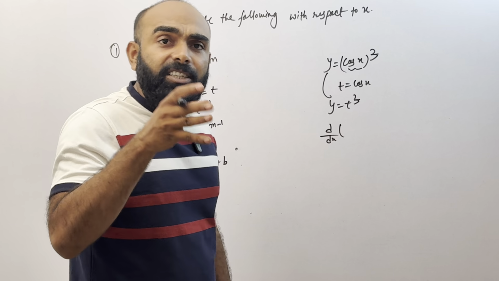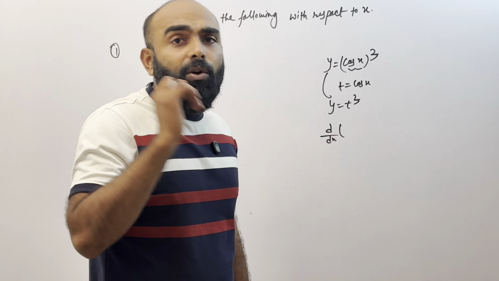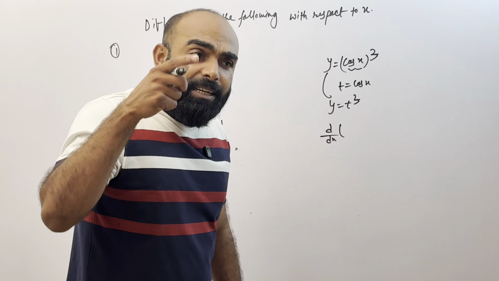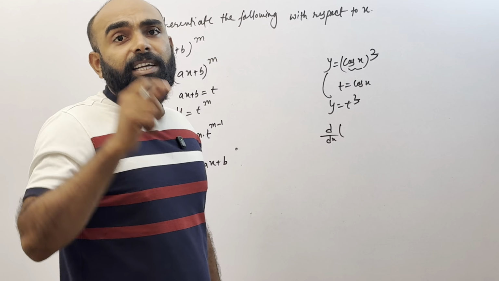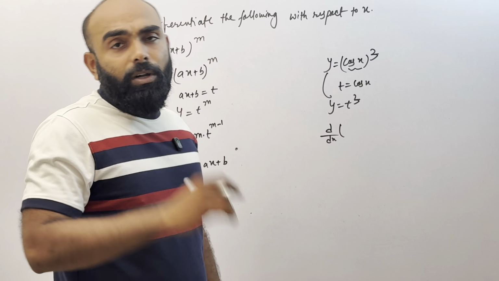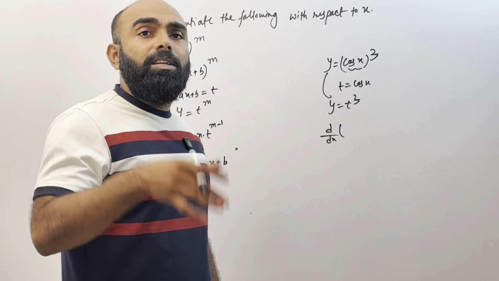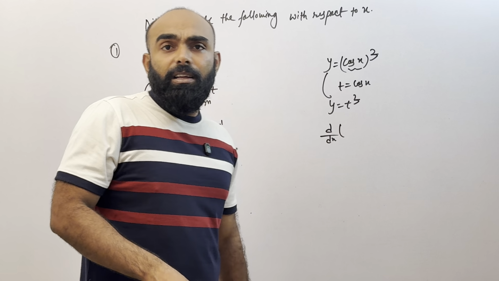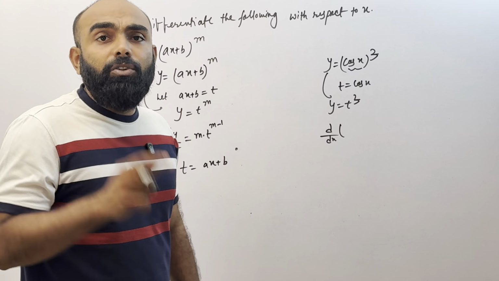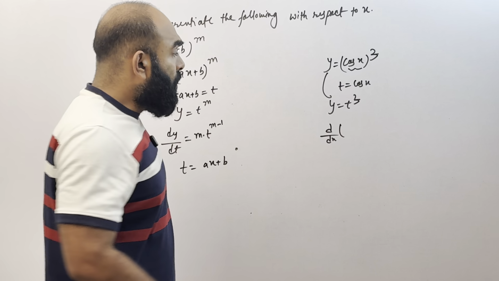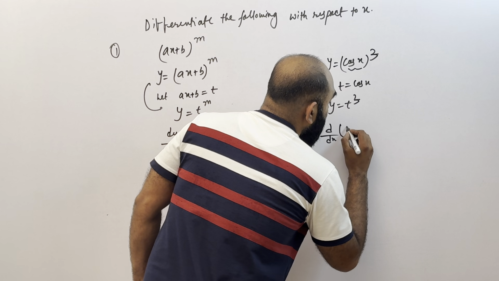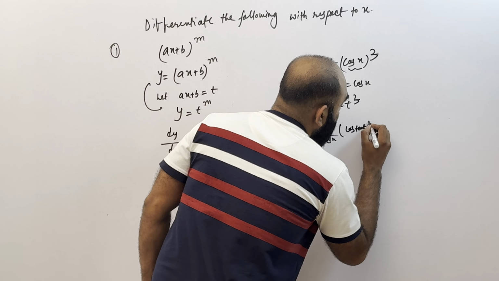It can be d by dt of a constant term also, it is 0 only, or d by dw of a constant term, 0 only. So d by dx of a constant is 0.